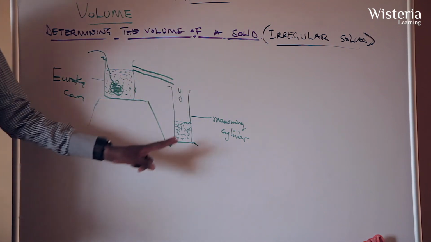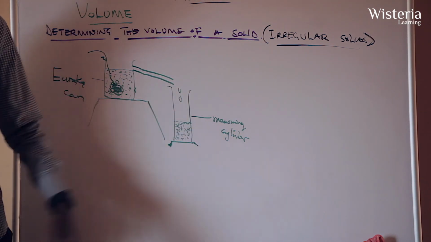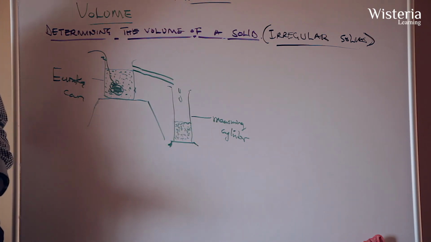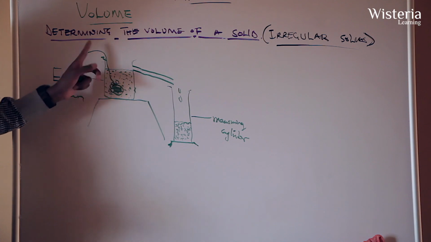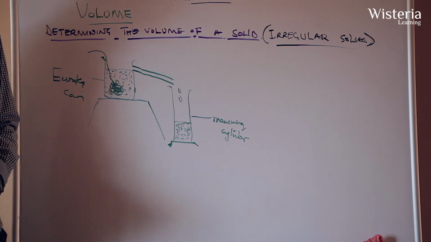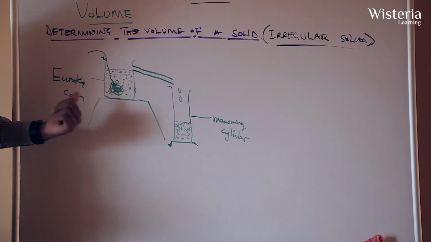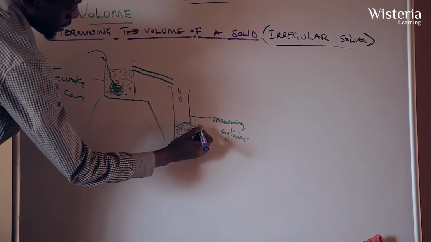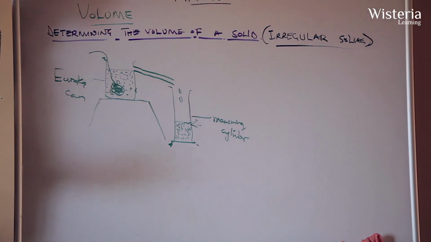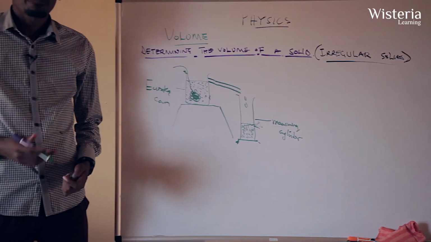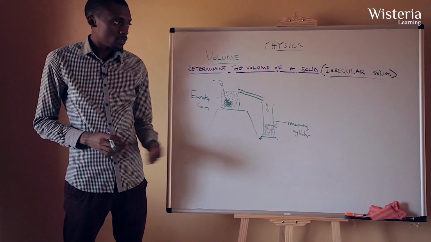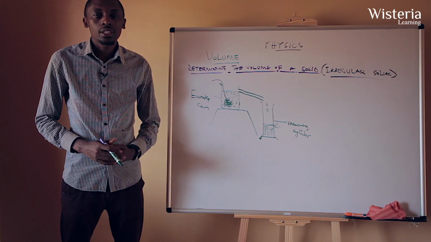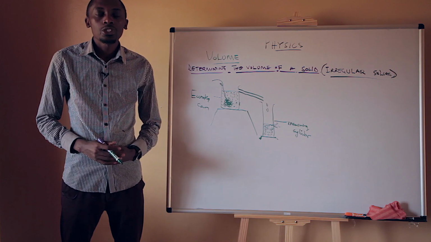So the water that is collected in the measuring cylinder is equal to the volume of the stone placed in the Eureka can. That's how you determine volume using a Eureka can. You simply read the reading here on the measuring cylinder and it will equal the volume of the stone. So that's how you determine volume using these two methods: the Eureka can, and simply a measuring cylinder.